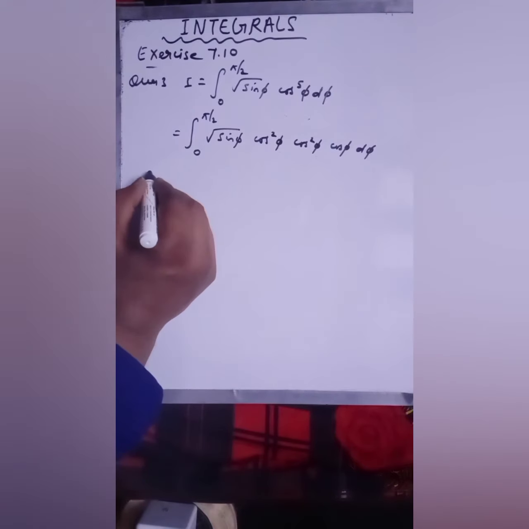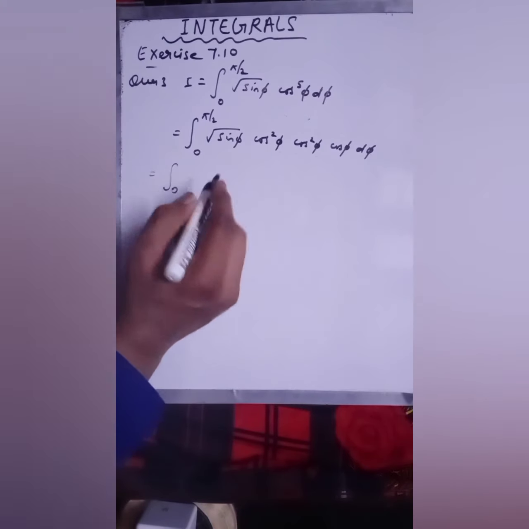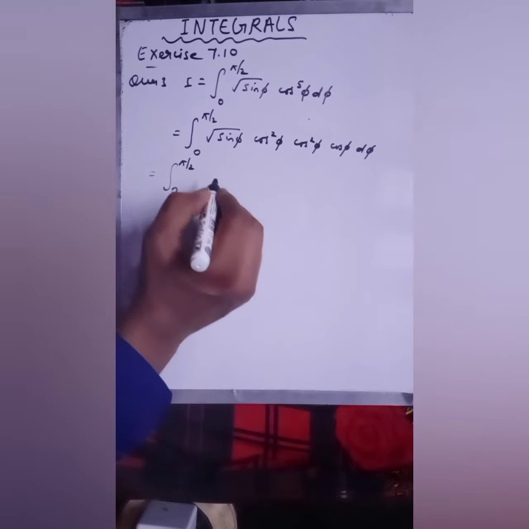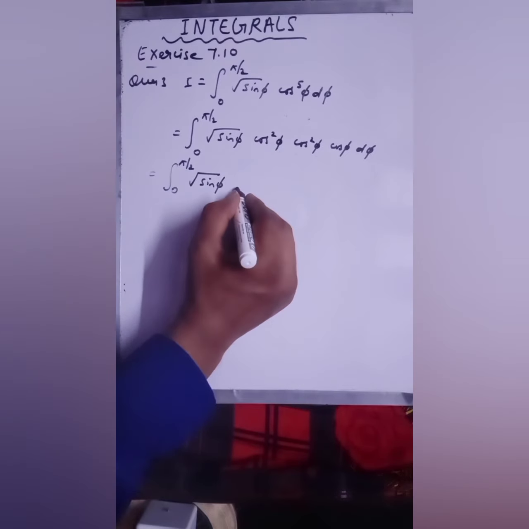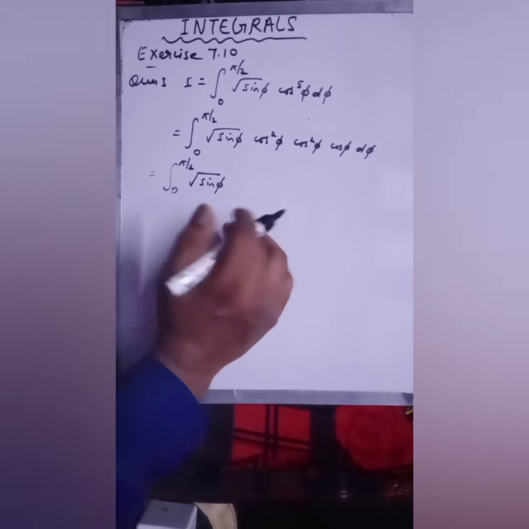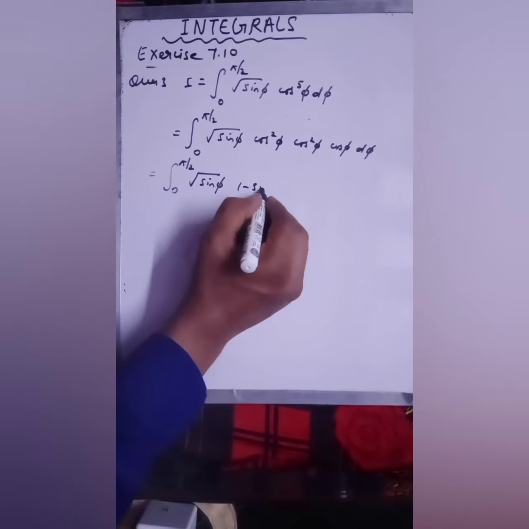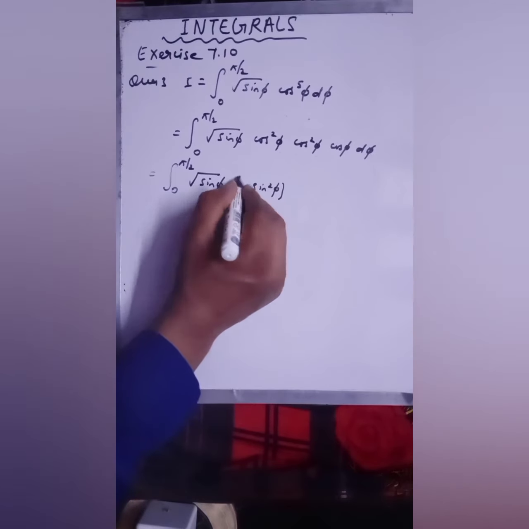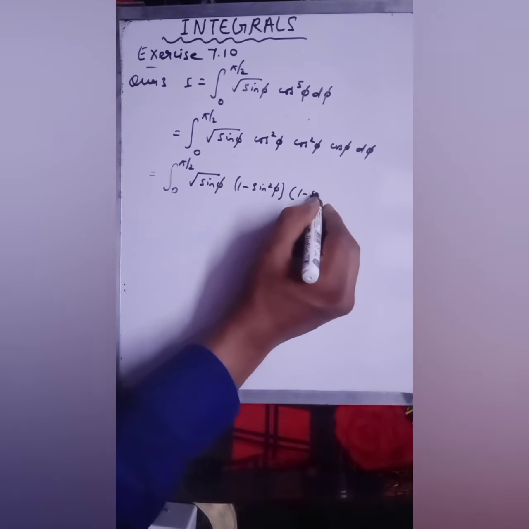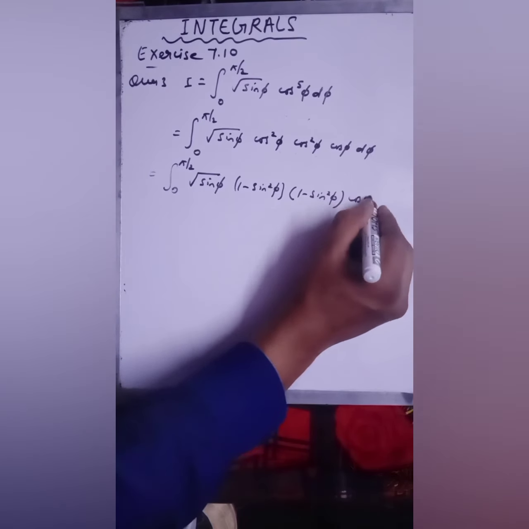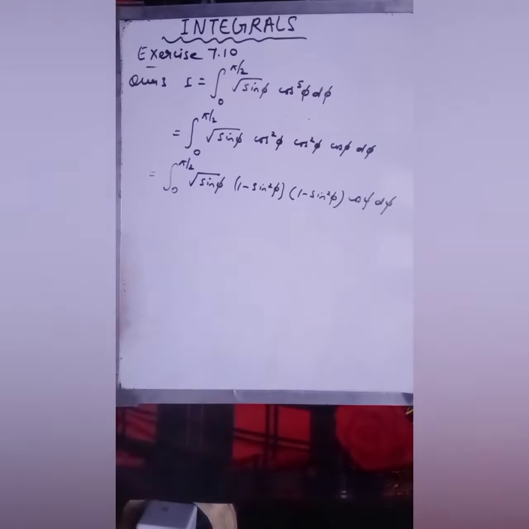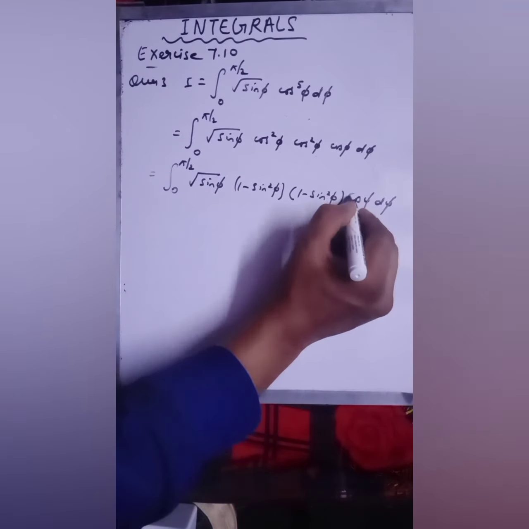So again 0 to pi by 2 under root sine phi, and this can be written as, just wait, 1 minus sine square phi, here it is cos phi and then d phi. Got it?